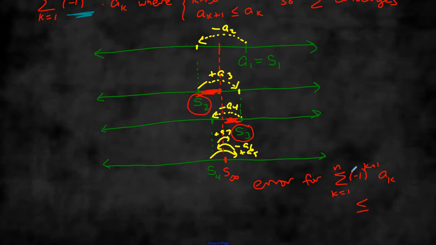If we're at the nth term, it's less than or equal to a sub n plus 1. Like we saw, the second partial sum is less than or equal to the third term away, the third partial sum, less than or equal to the fourth term. So the nth partial sum has error less than or equal to the n plus 1th term.